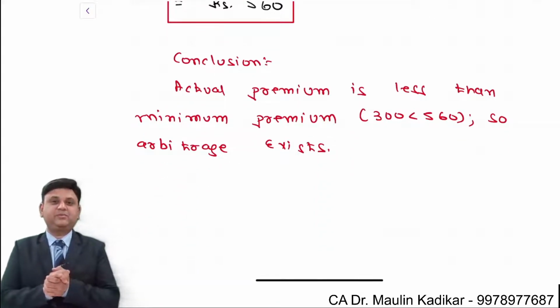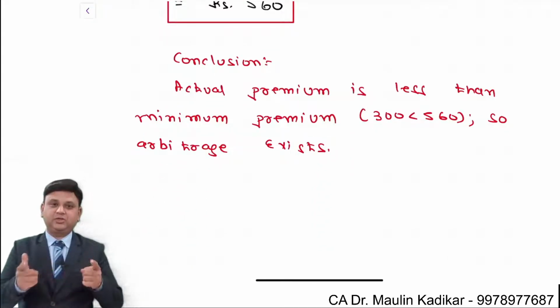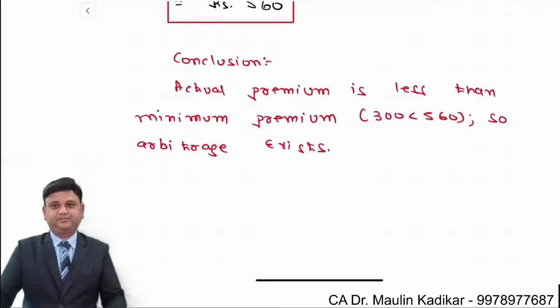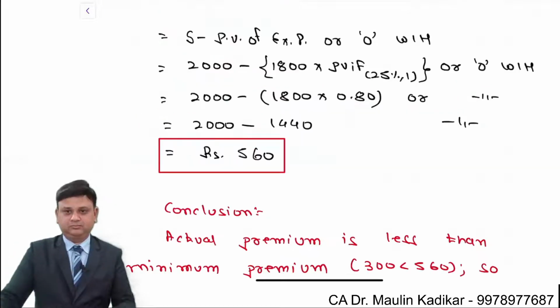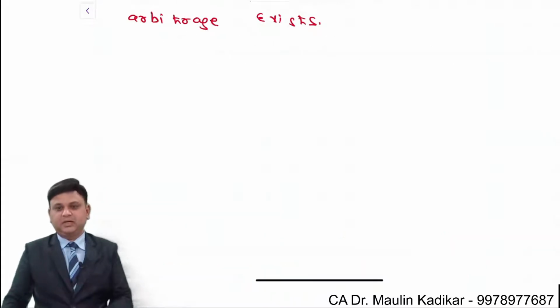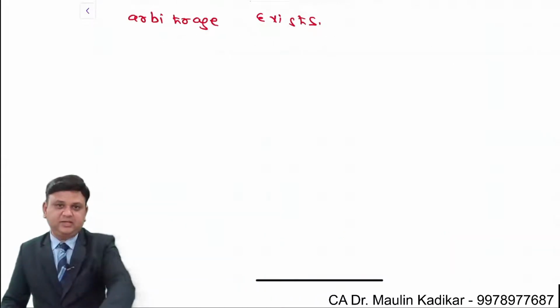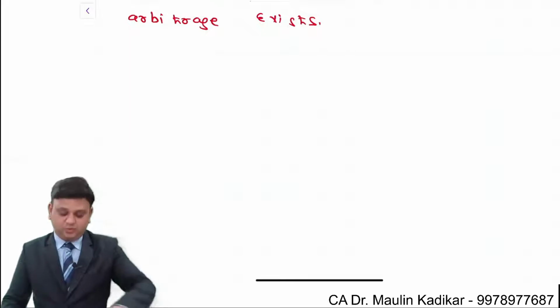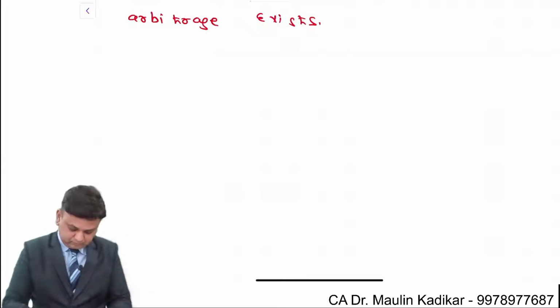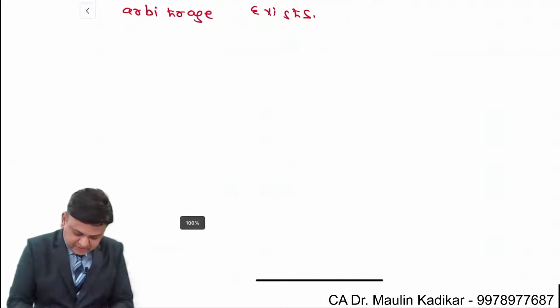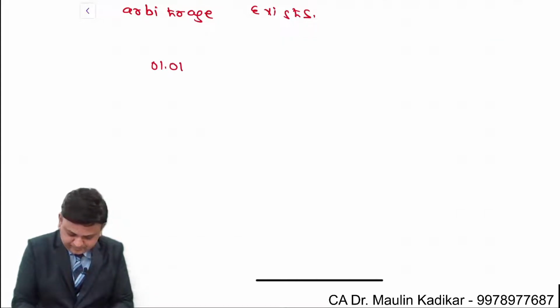So now try to do step number 2 on your own. Calculation of arbitrage in absolute term. Everybody is requested to pay attention. Let me explain to you how to do the answer. See, today's date is 1st of January and year end is 31st of December.